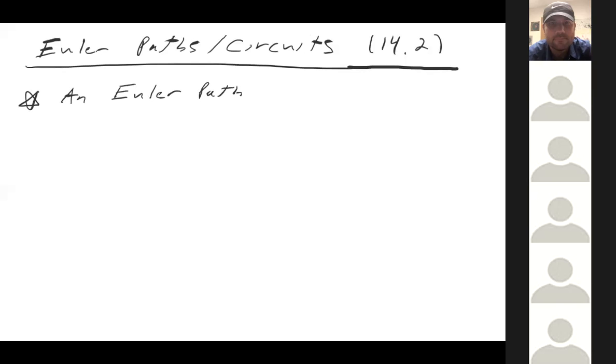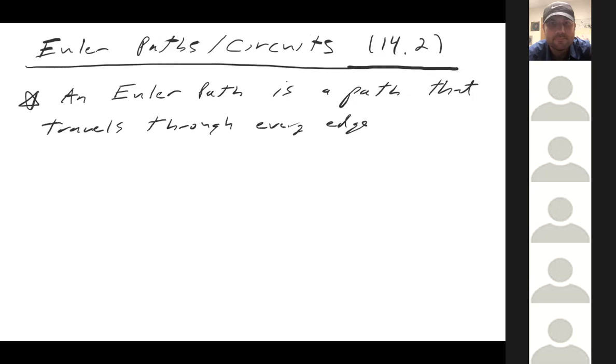An Euler path is a path that travels through every edge of a graph once and only once.